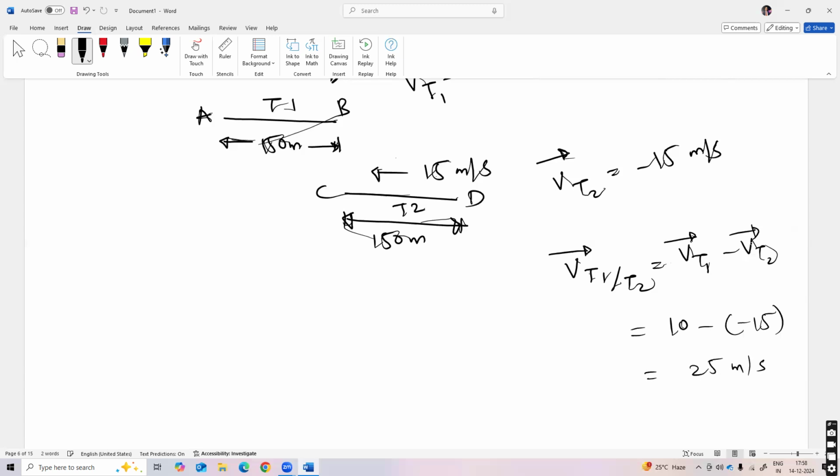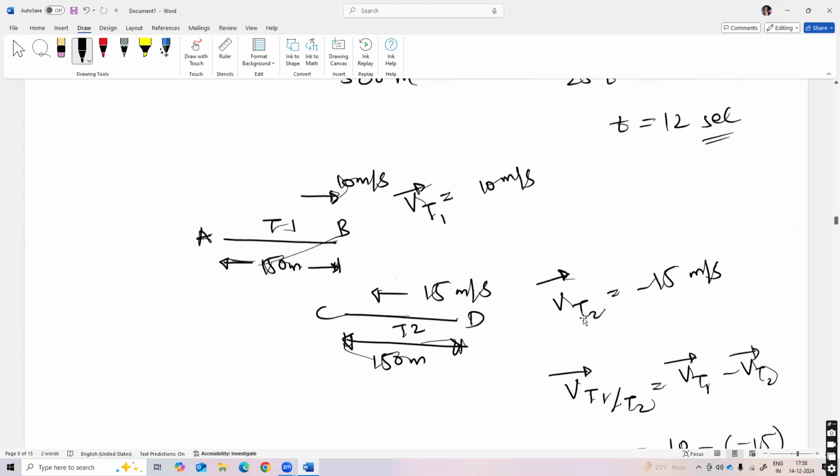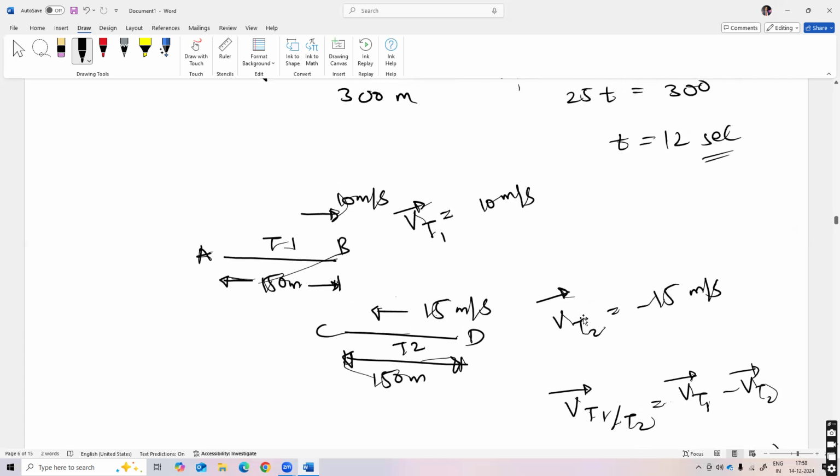Relative velocity of T1 with respect to T2 means we are keeping T2 stationary and finding the velocity of T1 with respect to T2. Let's consider T2 is stationary.